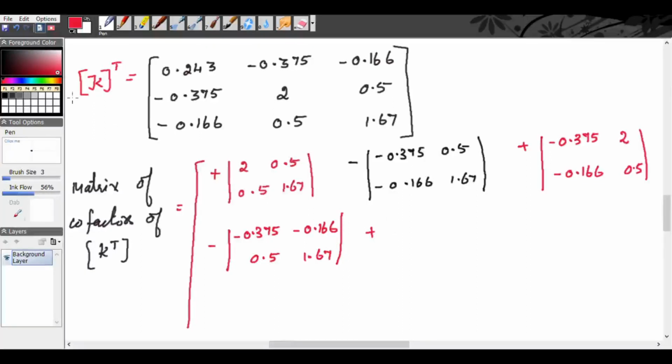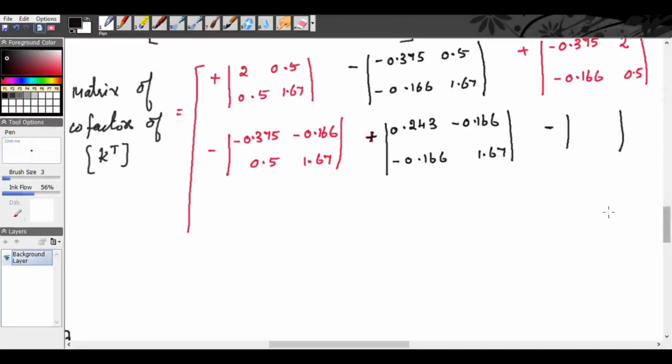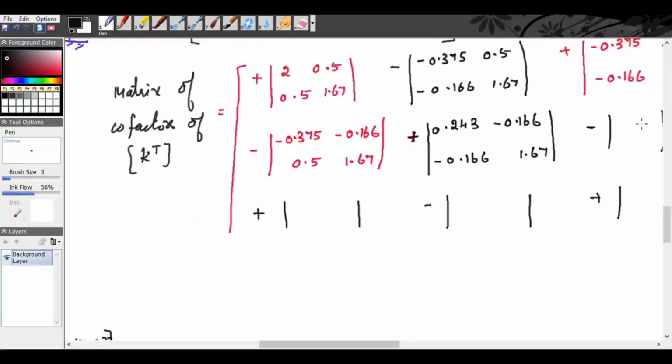Now plus 0.243, minus 0.166, minus 0.166, 1.67. For next term, it is minus. Okay, I am not proceeding with the other things. So this is the procedure, right? So here you will get plus determinant, minus the determinant, and plus determinant. So this is the matrix. So this matrix is matrix of cofactors of K transpose, right?